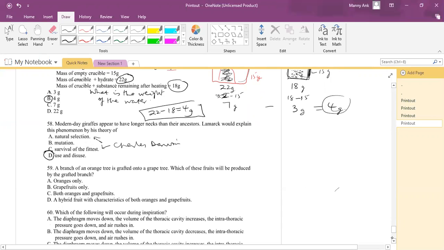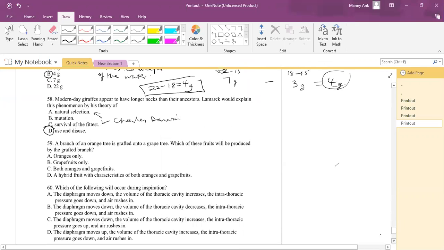And then 59 is an interesting question. Most of the time when I ask that, some people get it wrong. A branch of an orange tree is grafted onto a grape tree. Which of these fruits will be produced by the grafted branch?